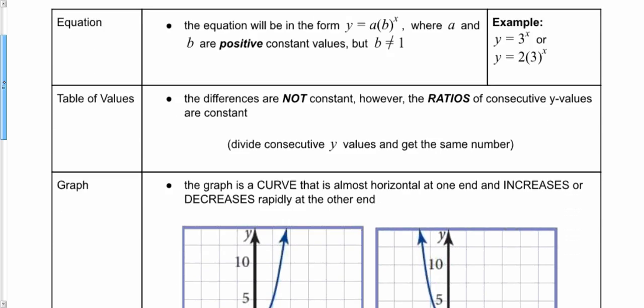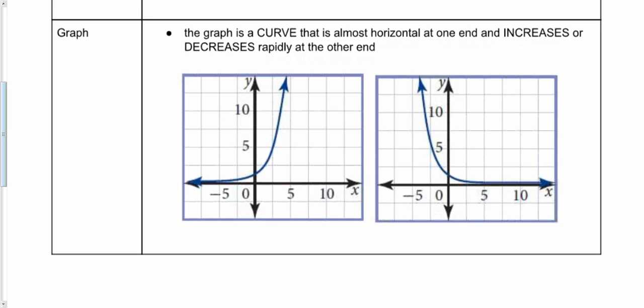And then lastly, the graph. In an exponential relationship, the graph is a curve that is almost horizontal at one end, either the left or the right, and then it increases or decreases rapidly to the other end. So if we look at the example here on the left, this is an example of an increasing exponential function.